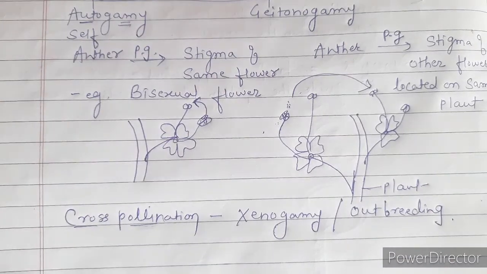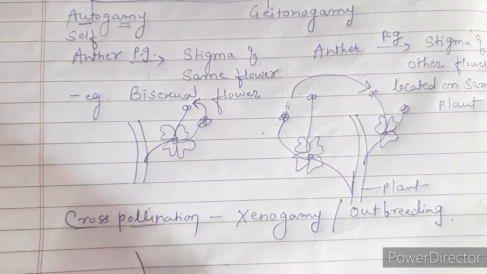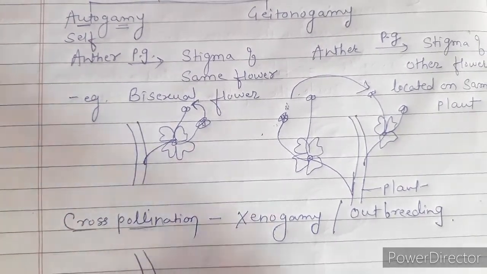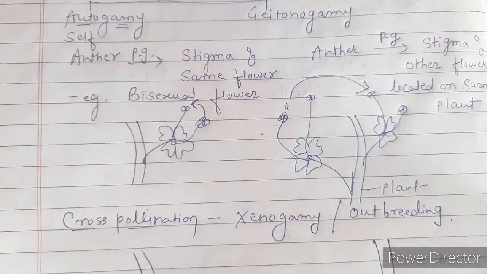Now see here, what happens in cross-pollination? No doubt two different plants are involved. Suppose this is a plant, this is the second plant.